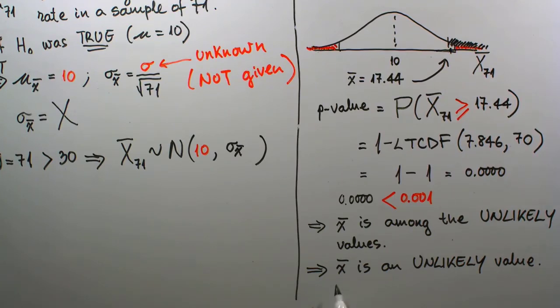So now, having our X bar as an unlikely value, we can lead to another conclusion, saying that our X bar is showing strong evidence. Our sample mean is showing strong evidence, or it is itself strong evidence.